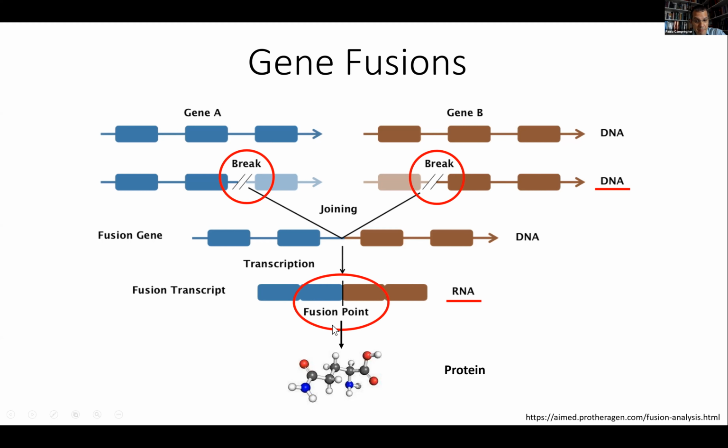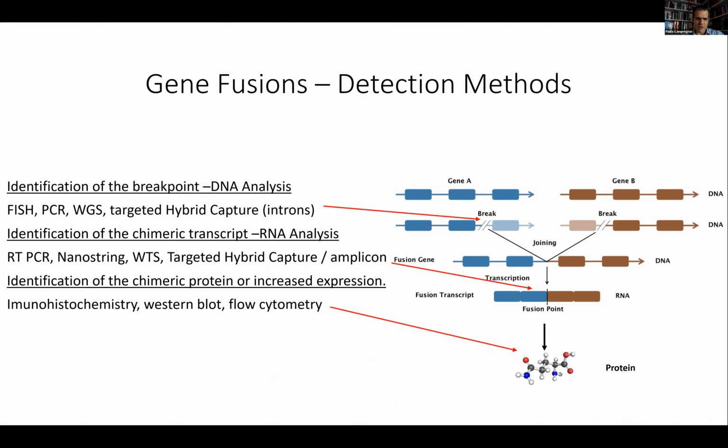If we look into the chimeric transcript, the best approach is no doubt to study RNA. And for protein, we have very few ways of looking at fusions. We have some immunohistochemistry assays, such as ALK immunohistochemistry, that is a good surrogate for gene fusions in lung cancer, but it does not detect the fusion itself. It detects the hyperexpression of a part of the protein, right?